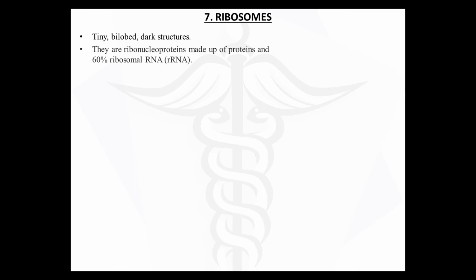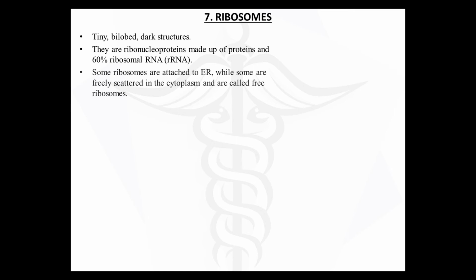The seventh structure in the cell is the ribosomes. Ribosomes are tiny bilobed dark structures which are 100 to 150 angstrom in diameter. They are ribonucleoproteins made up of proteins and 60% of ribosomal RNA, that is rRNA.